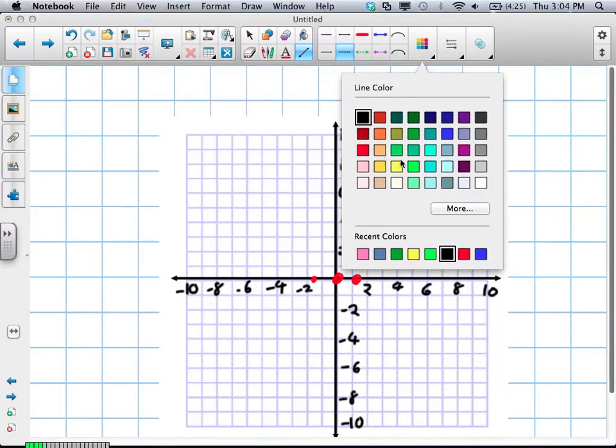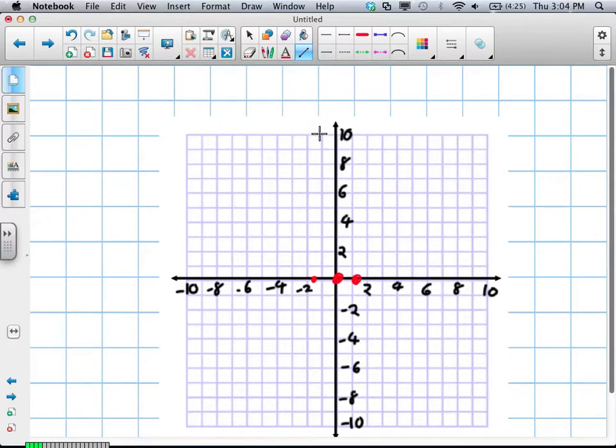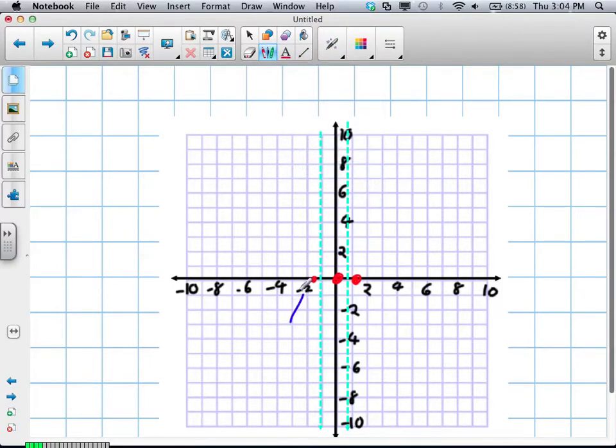I'm going to do the line in a light blue. So we have one at negative 1. That's going to be a turning point. And the other one is at 5 over 9, which is somewhere like that, in between those two. So those are going to be turning points. So far what we have found is x-intercepts, a y-intercept, and 2 major turning points. Okay, so we have that much information.